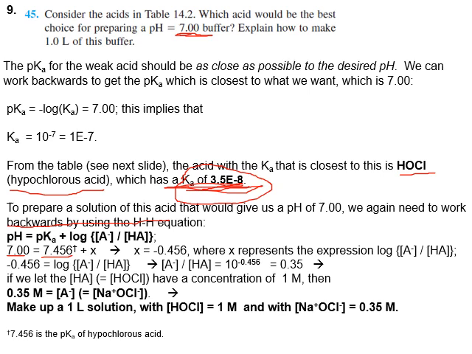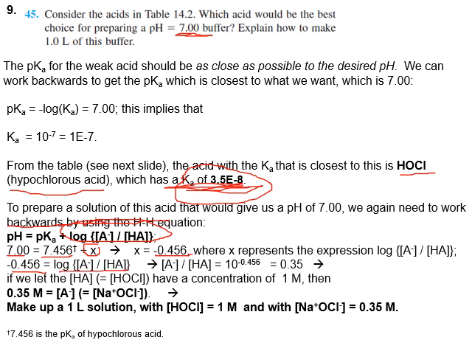And then again, I substituted X for all of this stuff right here just to make it a little less tedious. And I get that X is minus 0.456 here. And then I put minus 0.456 equals, and then I put this back in. It equals the log of the base over the acid.